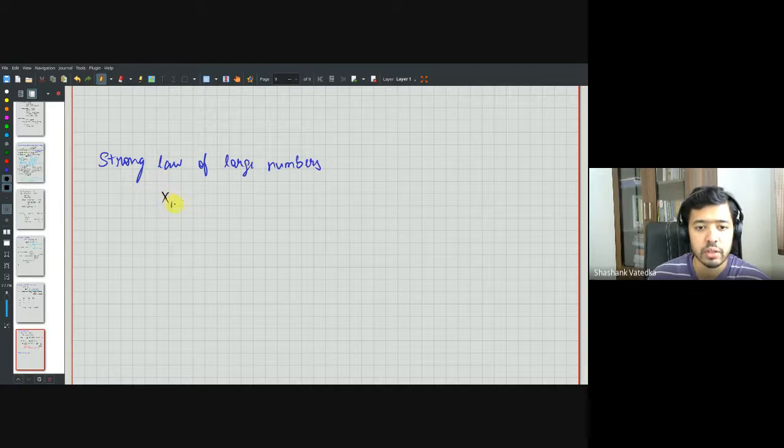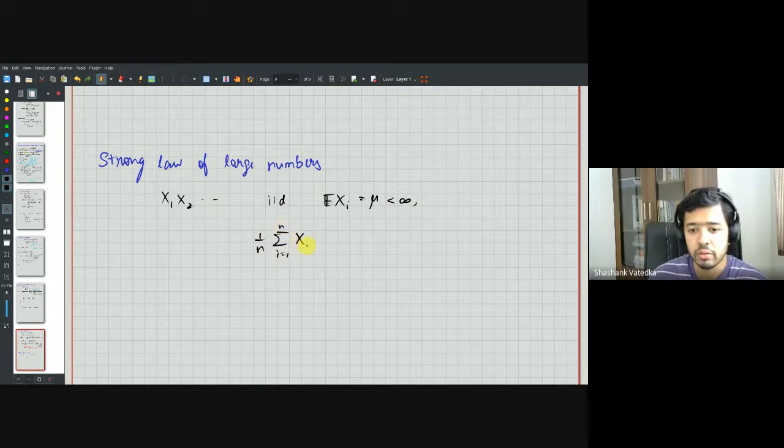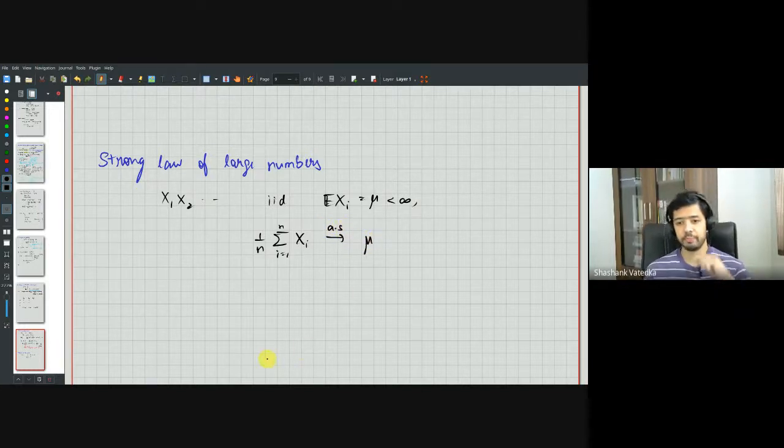So if x1, x2, and so on are IID, and the expectation of xi is finite, then the sample average, 1 over n summation i going from 1 through n of xi, converges not just in probability, it actually converges almost surely to the mean.